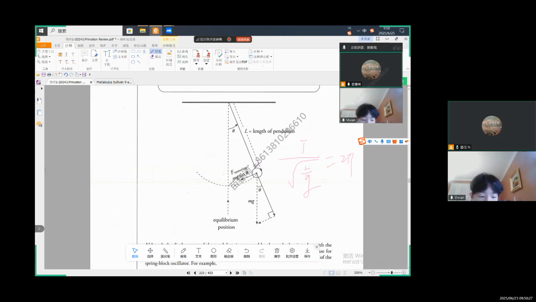See? Because g acceleration has components, if this is theta. This one is mg sine theta, right? And this one is mg cos theta. So g is going to influence my period.